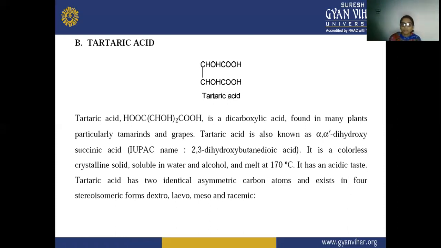The IUPAC name is 2,3-dihydroxybutanedioic acid, because four carbon atoms are there, that is why butane, and dioic because two carboxylic acids are present. On the second and third positions, the two hydroxy groups are present, that is why 2,3-dihydroxybutanedioic acid.